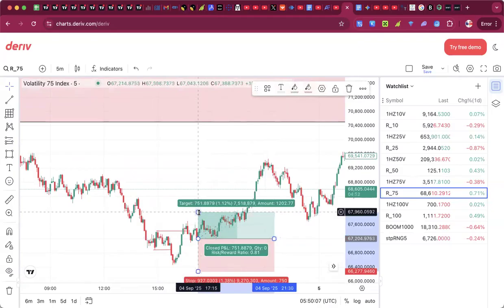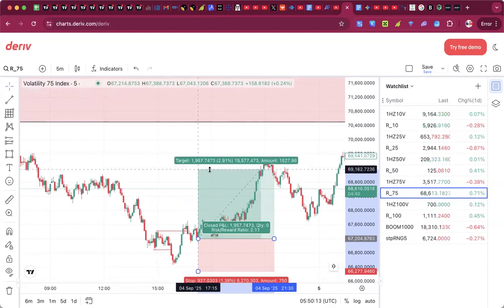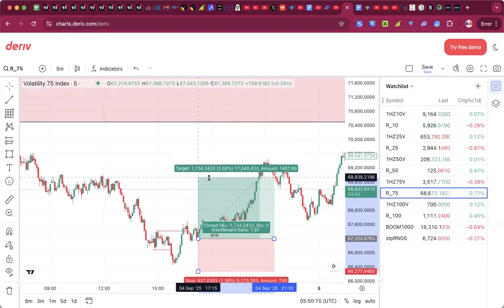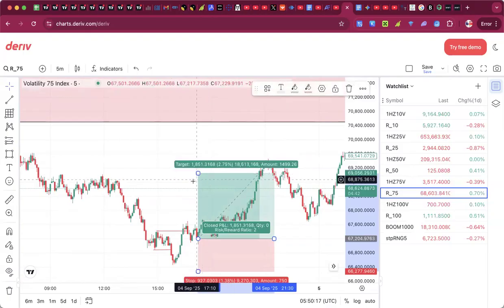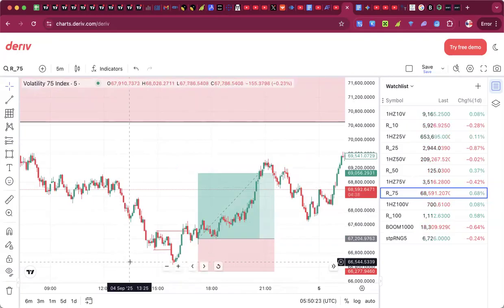So let's go here. Already 1:2 point something. So if you're targeting 1:2, this will be here. If you use 0.01, that is rather big.